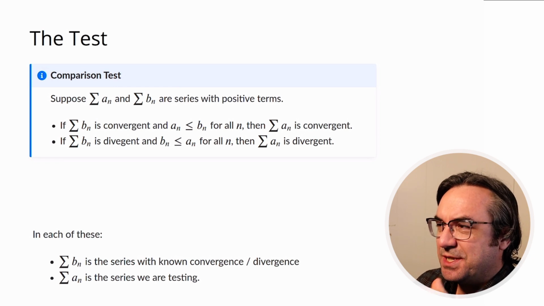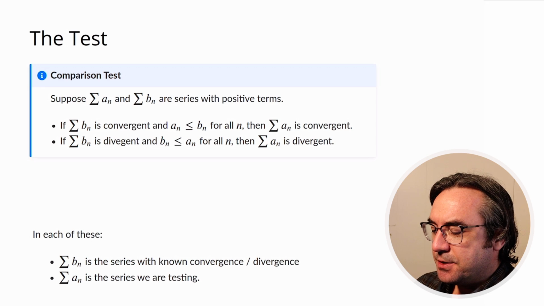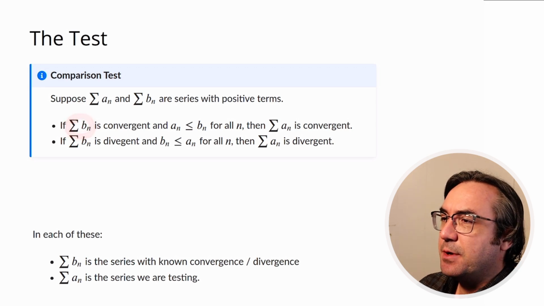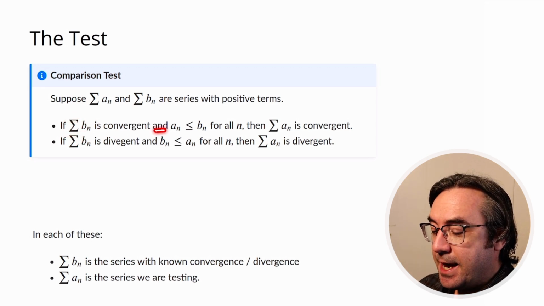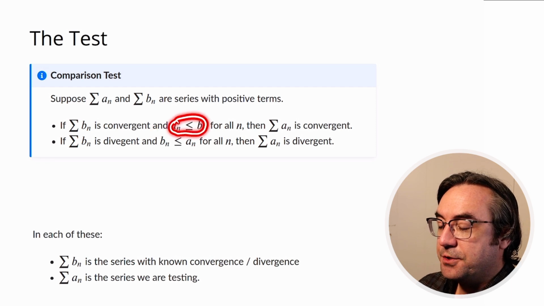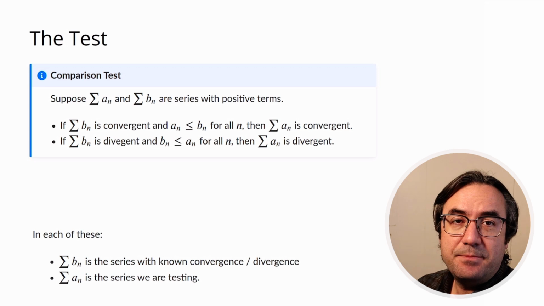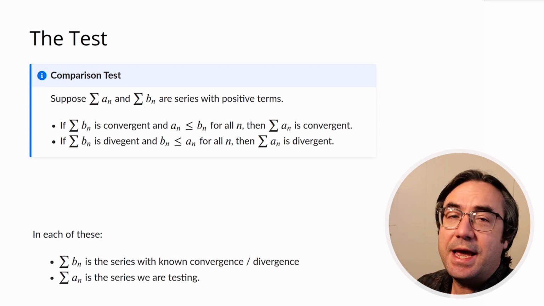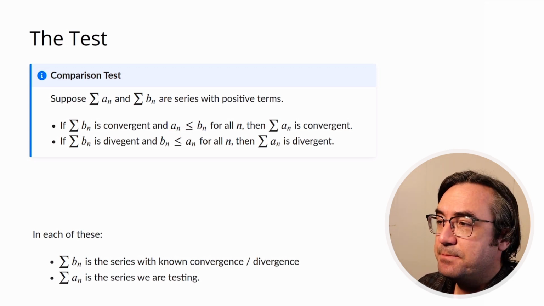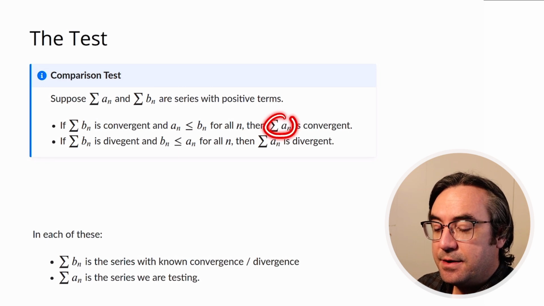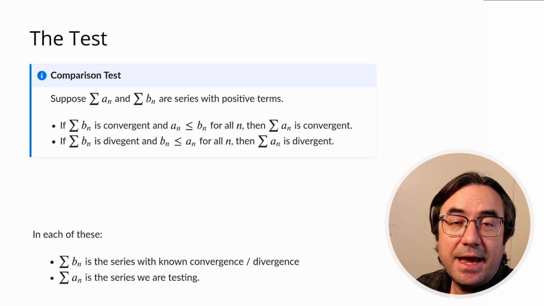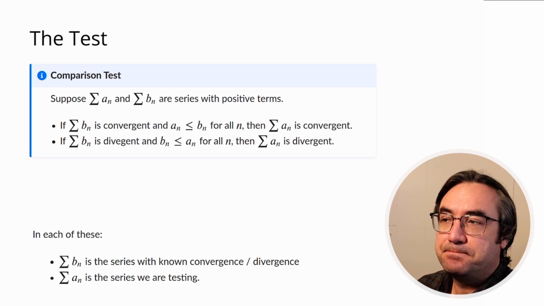Well, what does this comparison test say? So if the series sigma bn is convergent, and all of the terms an and bn satisfy this inequality, so an is less than or equal to bn for all n, then series sigma an also has to be convergent.